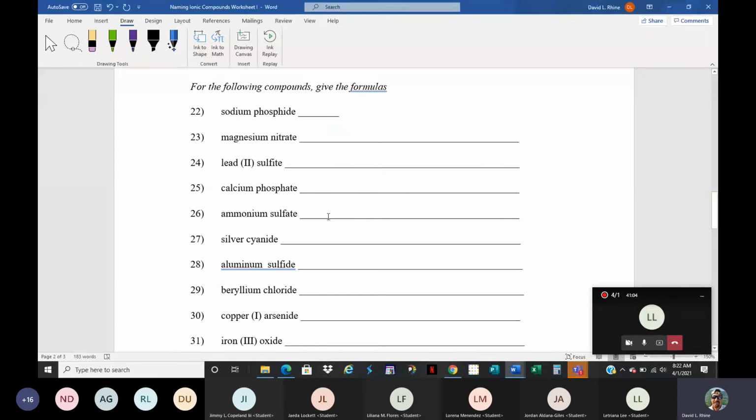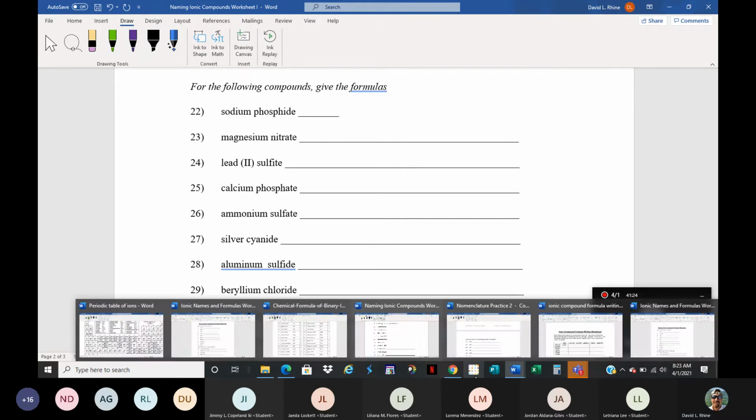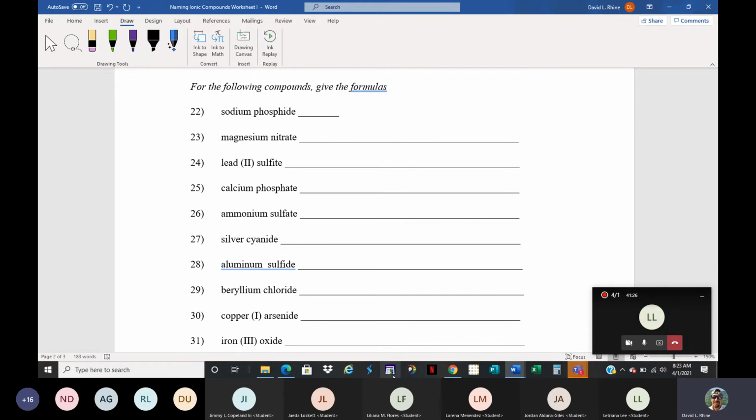All right, so let's start with magnesium nitrate. Remember when we're writing the formulas, what's our first thing we do when we write chemical formulas? Determine the what?